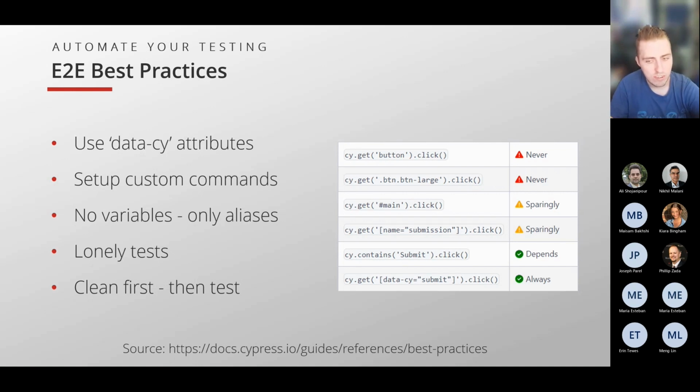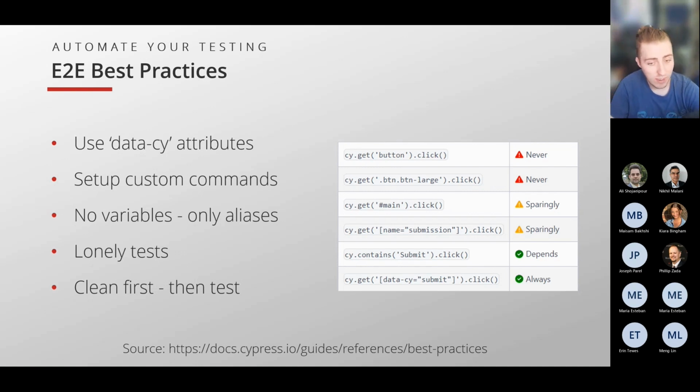Whenever you need to reuse that alias name, you do cy.get and you have @ and then whatever that name is. So for example, cy.get a as links, and then you would use that as cy.get @links.first.click, for example.